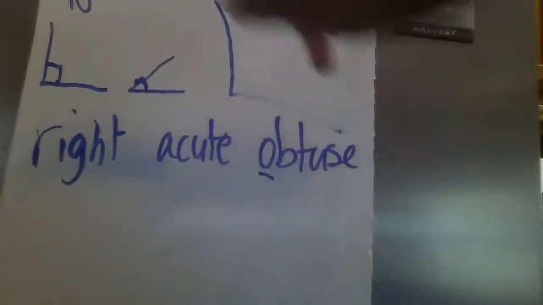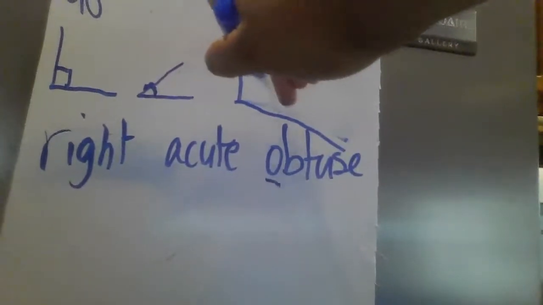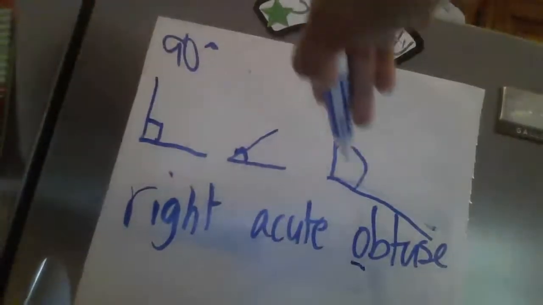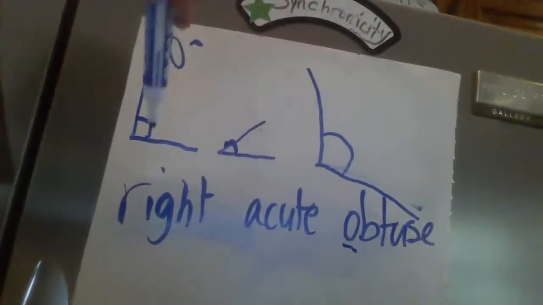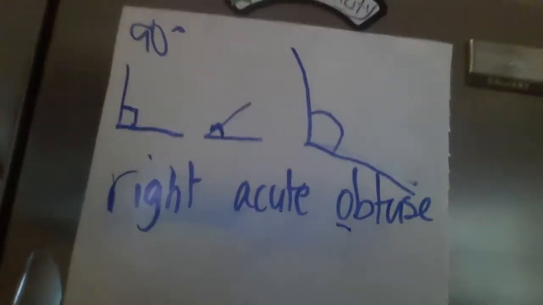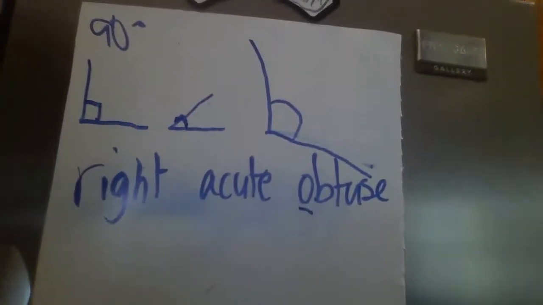It's usually represented, again, with that common symbolism, but as you can see, there's more space in between these two sides than there is in this angle and the right angle. Okay, so when you see that big space and that wide gap, that's your obtuse angle.